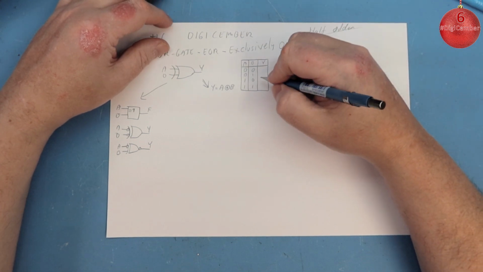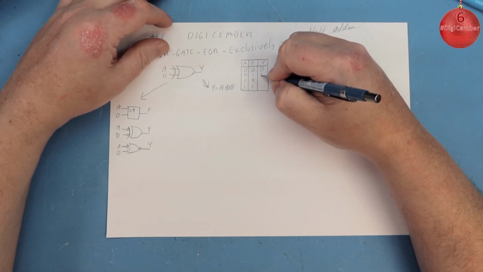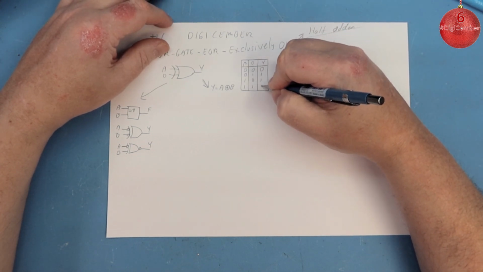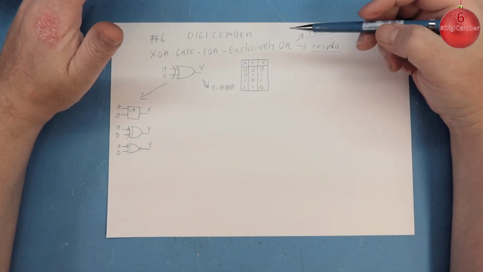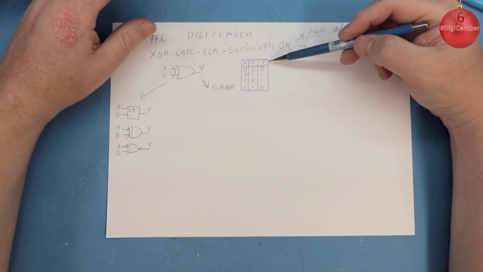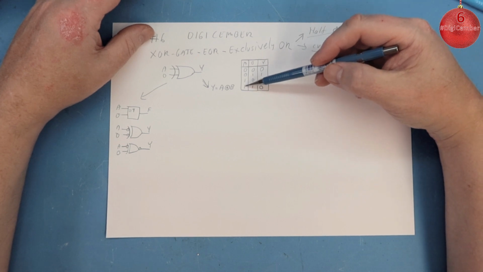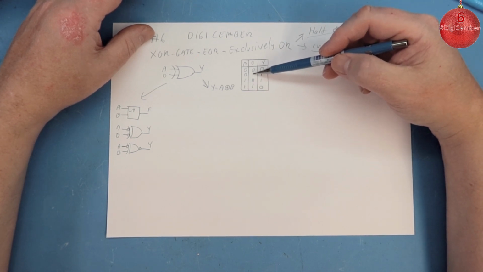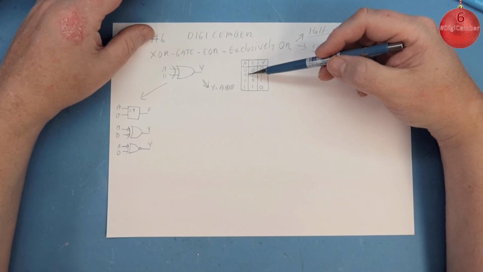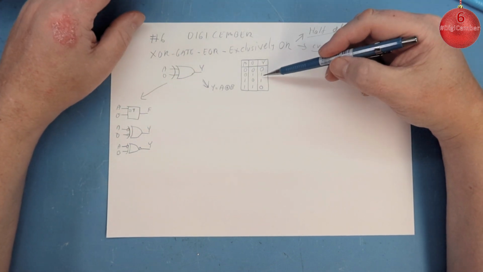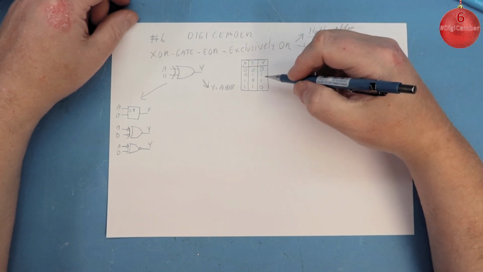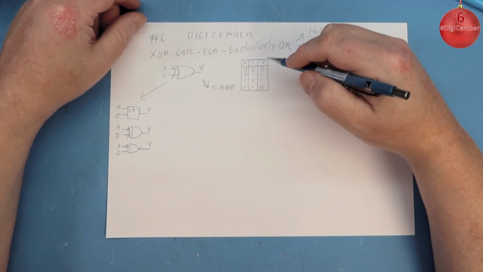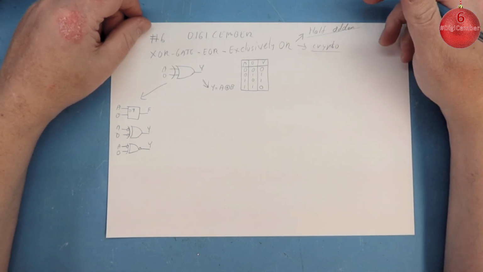And that means that this will go low here, and it will go high here, or here, or here. So the difference between this and an OR gate is that if both inputs are high, it will give a low. But if either input is high and the other is low, and vice versa, it will give a 1. So it's actually a way of detecting if two inputs are unequal.